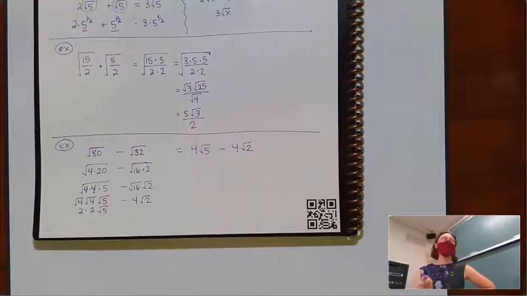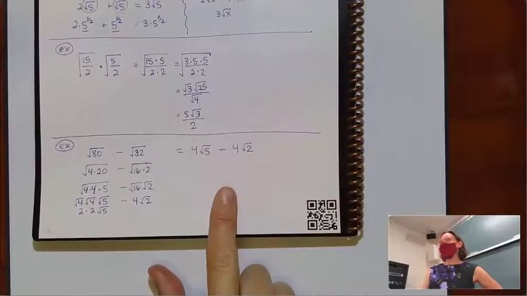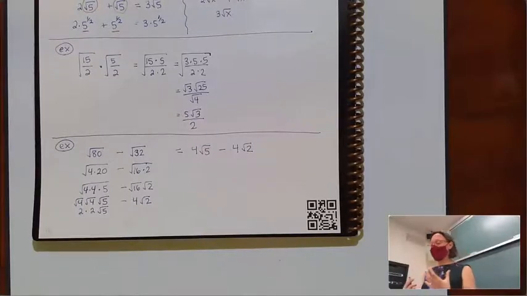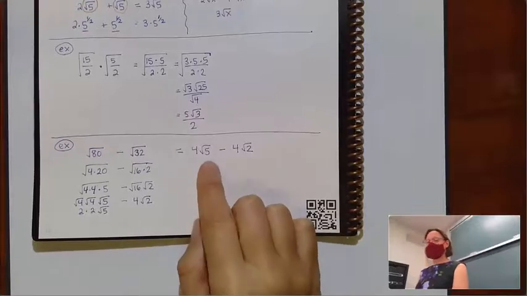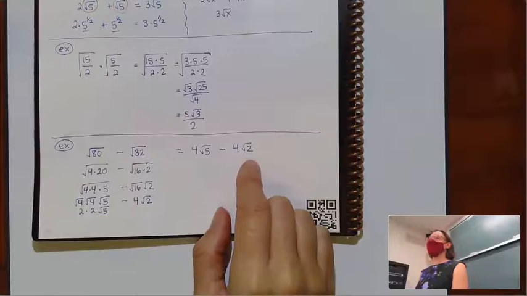So the question in the chat is basically exactly what I wanted to get at, which is that there really is nothing that I can do with this. That square root of 5 thing is saying that I have 4 of these things and I've got 4 of this totally different thing that is the square root of 2.